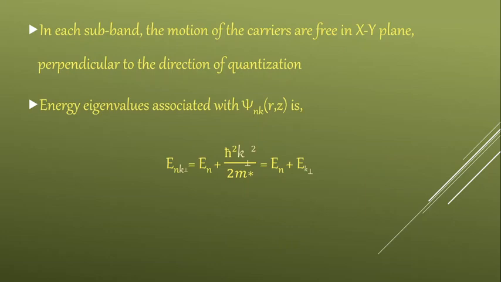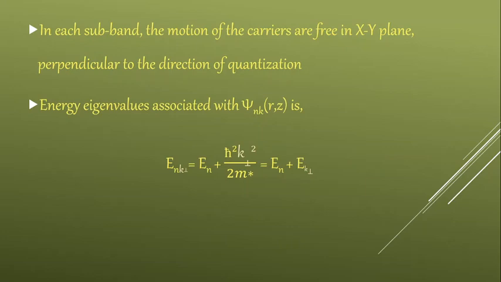So here the second term is nothing but energy with respect to the perpendicular component of the wave vector. Here again we need to remember that n is running from 0 up to n, that is 0, 1, 2, 3 and so on, natural numbers plus 0.